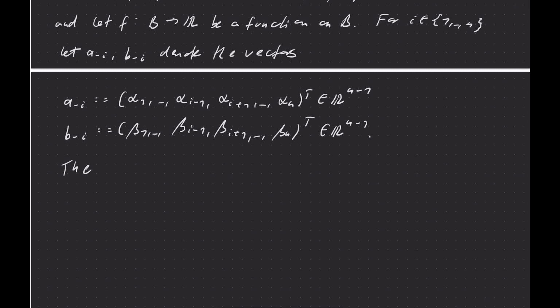Okay, so the function, we call that capital F_i, and that is defined on a box [A minus i, B minus i]. That's why we need those minus i vectors. So we just leave out one coordinate from the box definitions.